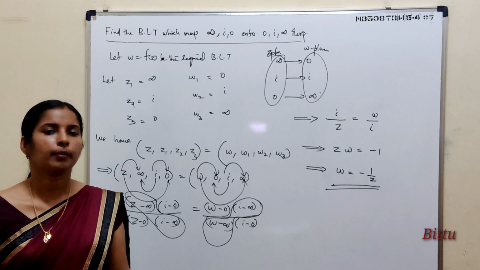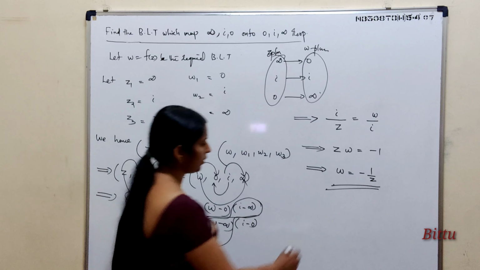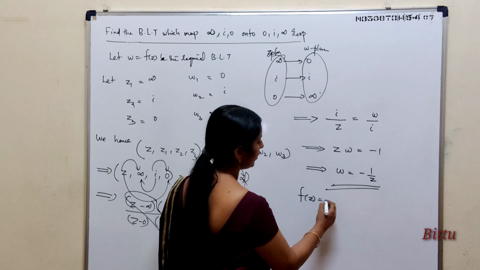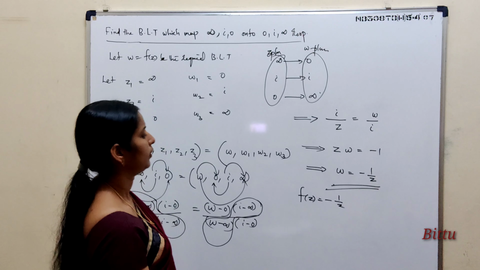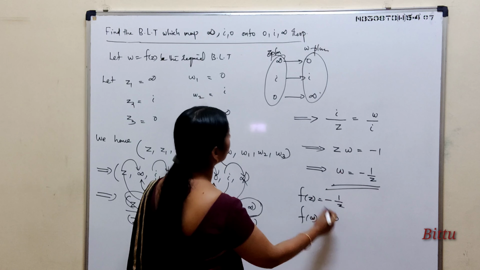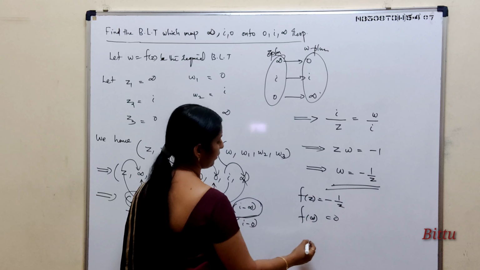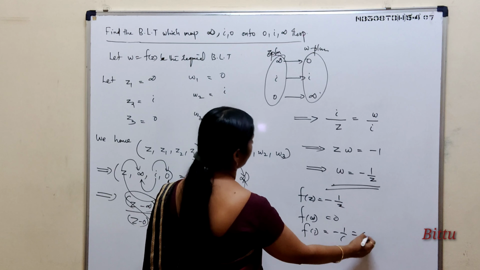You can check whether the mapping is right or not. See, this is our f(z). The checking part is not in our problem, but for our clarification, what is f of infinity? f of infinity is 0, its image is 0. What is f of i? It is minus 1 by i, is i.